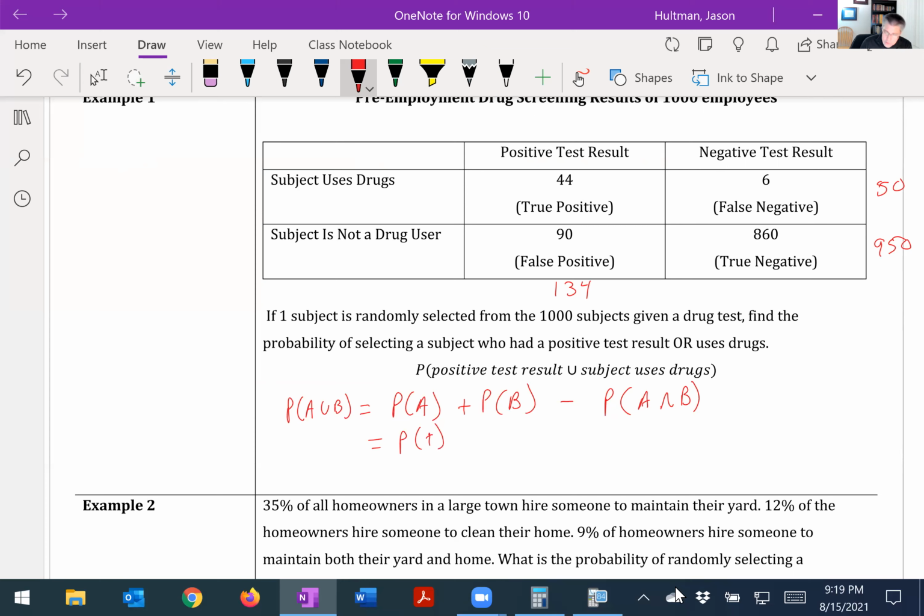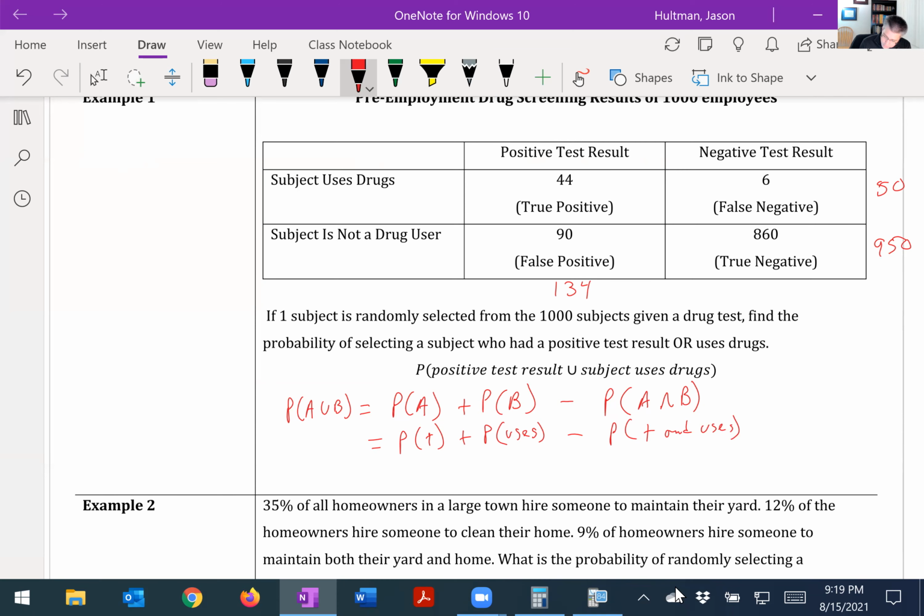I'm just going to put a positive symbol there to represent positive test result. B is that they actually use drugs, so I'll just put uses there. Minus the probability that they had a positive result and they use drugs: positive and uses.